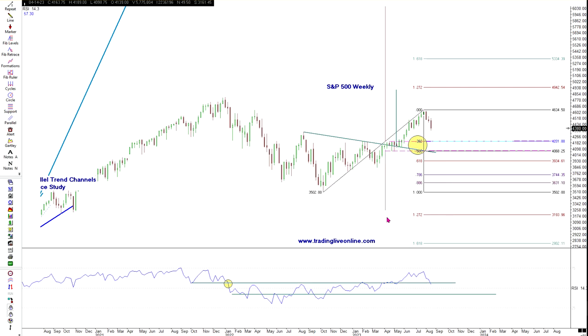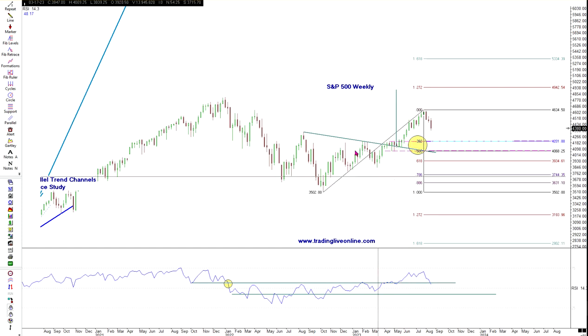So now that we have this picture, also before I forget and we get off this chart, the inverse head and shoulder, this is what the projected target is of this pattern. Now, just because the market's coming down doesn't mean that this is invalid any longer.